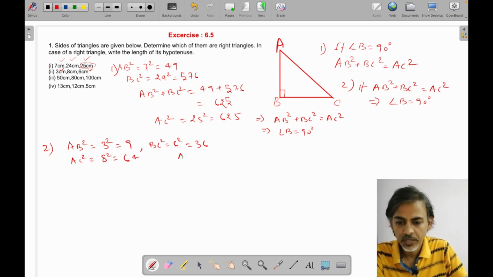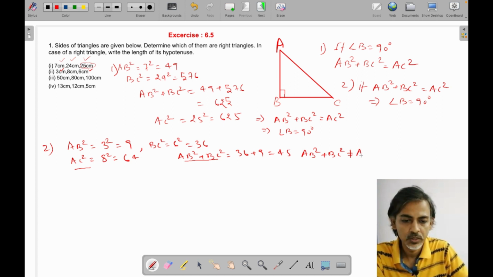So when we sum up AB square plus BC square, we'll get 36 plus 9, which is 45. So we can see here that AB square plus BC square is not equal to AC square. So this means that angle B is not 90 degree.